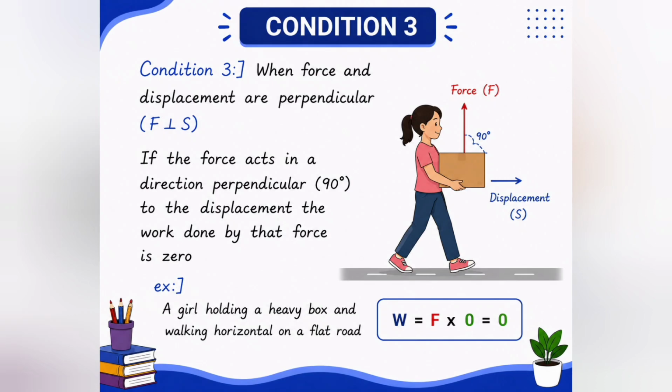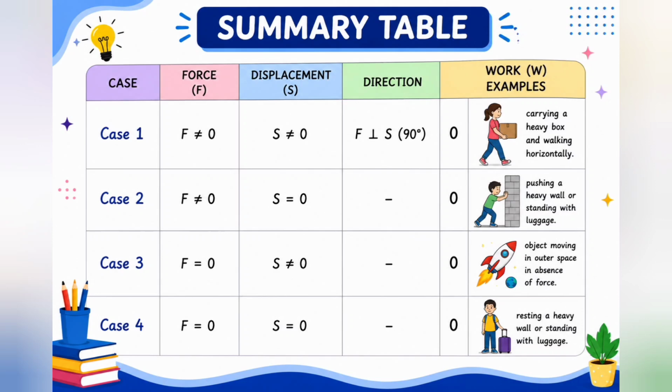Now, let's quick revise all the cases. Case 1, force is present, displacement is present, but force and displacement are perpendicular, so work done is 0. Example, a person carrying a heavy box while walking. Case 2, force is present but displacement is 0, so work done equal to 0. Example, pushing a wall that does not move.